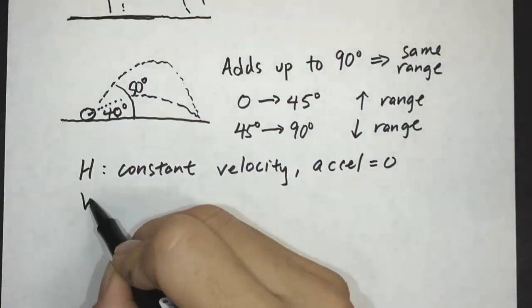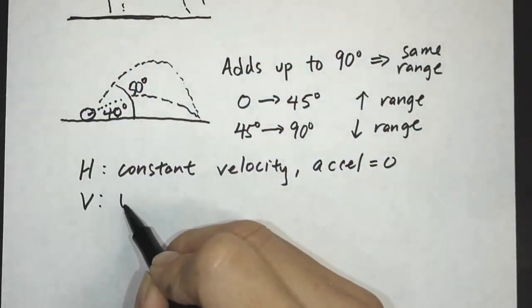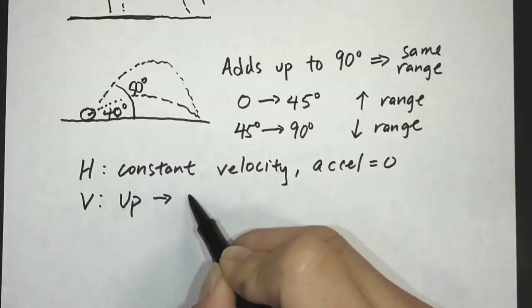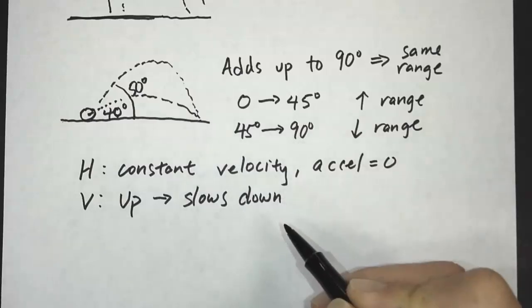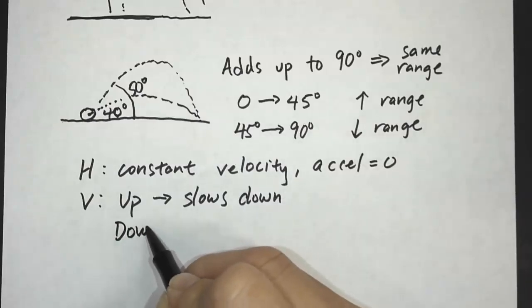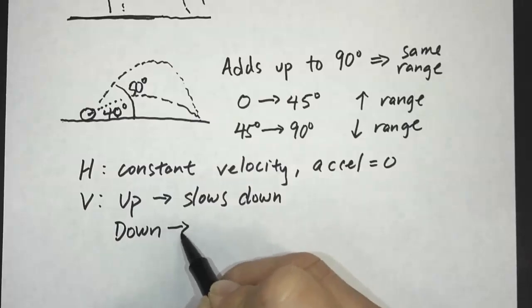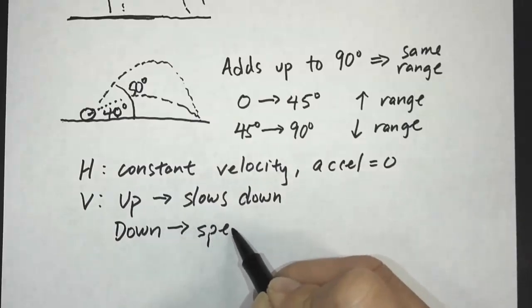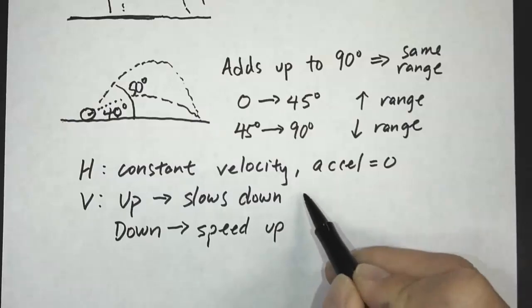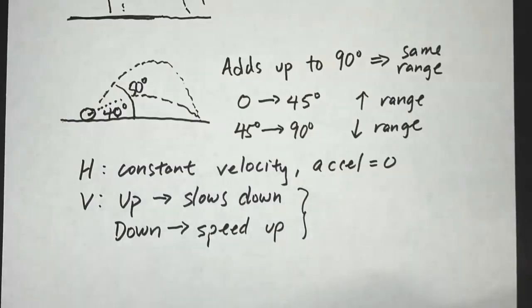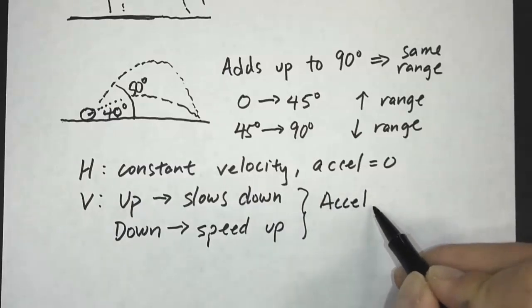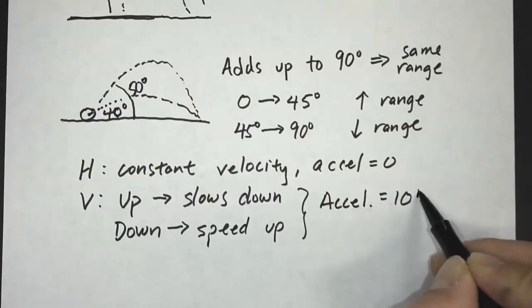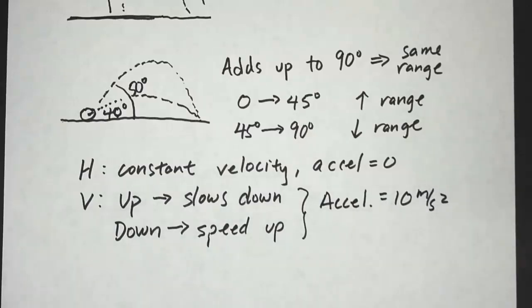Now for the vertical motion, as it's going up, it's slowing down, and on the way down, it's going to speed up. It's going to change by the same amount. The acceleration is constant, and that acceleration is 10 meters per second squared.